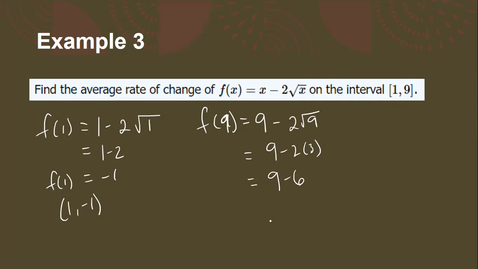So 9 minus 6 is? +3. So f of 9 equals 3. So it's an ordered pair, that's going to be? 9, 3. Do I have everything I need to find my rate of change?